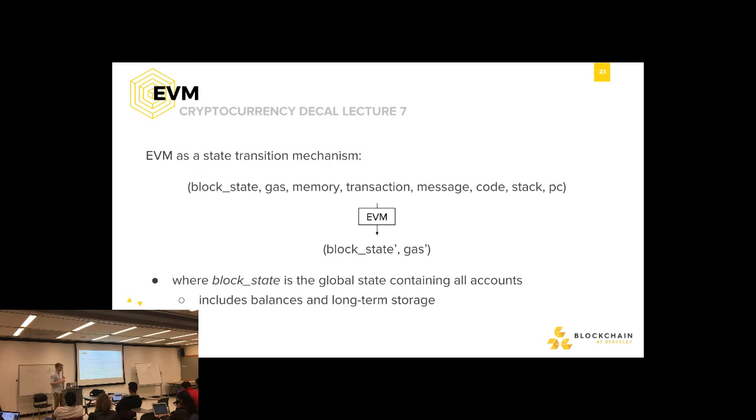You start off with the current block state, the gas required, the memory of the contract, the transaction that's calling the contract, the message, which is the additional metadata of the transaction, and then the code of the contract, the stack of the contract, the program counter, and all of that gets fed through the EVM, and you get the new block state with all the updated balances and internal state, and the new gas value, which is how much gas is left over, which then gets added back into the account.